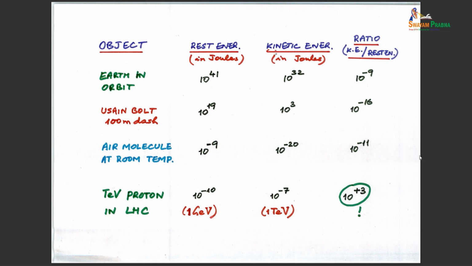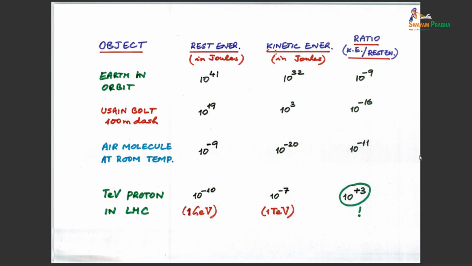Now look at what happens if you take a TeV proton, a tera-electron volt proton, in the Large Hadron Collider. A proton or a neutron has a mass of 1 GeV in energy units, or 1 GeV divided by c squared in mass units. So 10 to the minus 10 in joules, 10 to the minus 7 is 1 TeV.